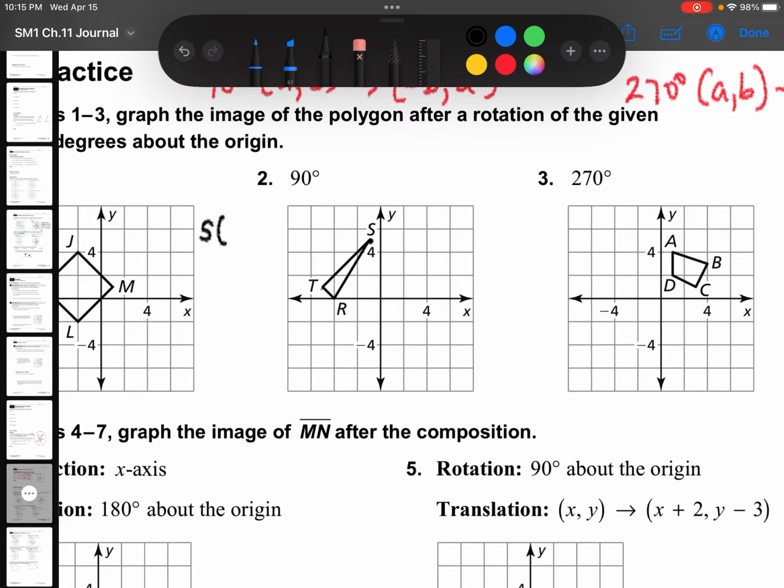So the coordinates of the point S are (-1, 5). The coordinates of T are (-5, 1). The coordinates of R are (-4, 0). If I use this rule, then we end up with the corresponding images after rotation.